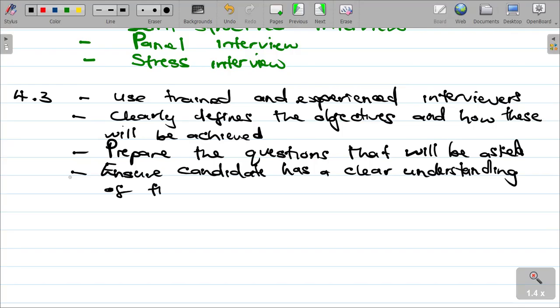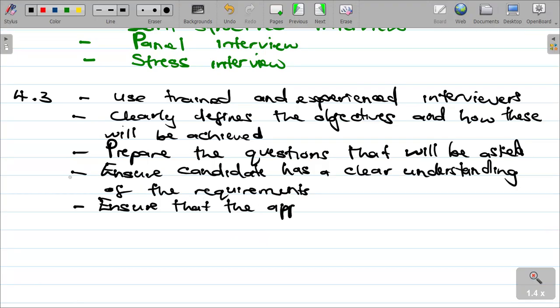And also ensure that the applicants provide the correct answers.